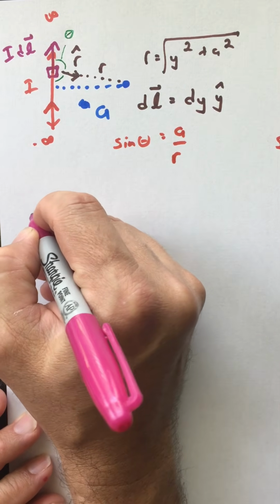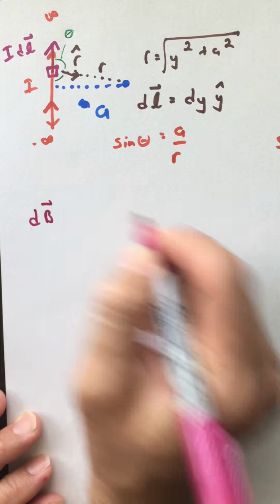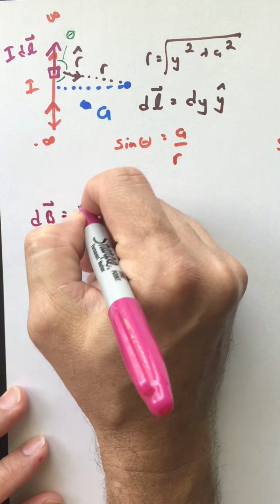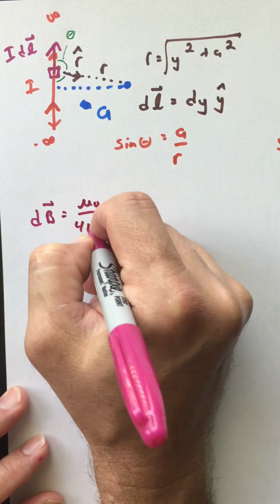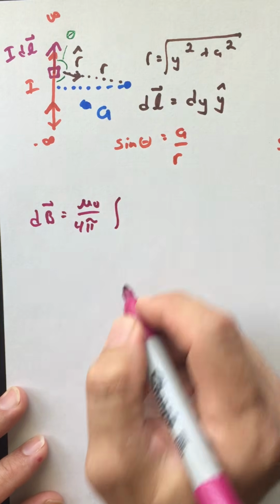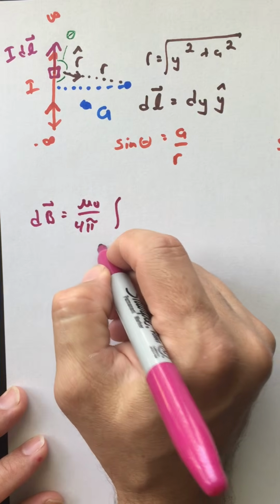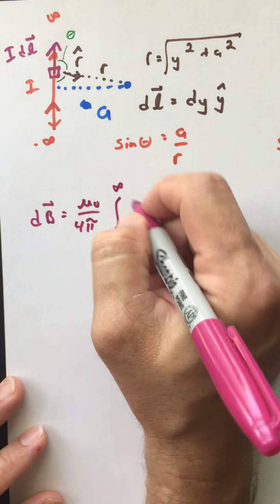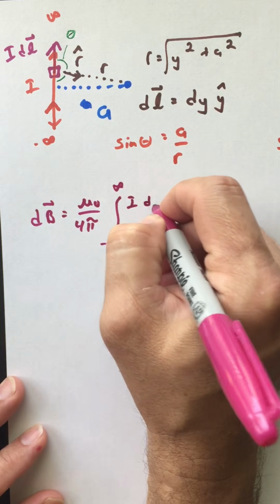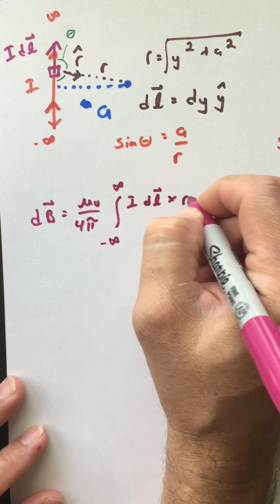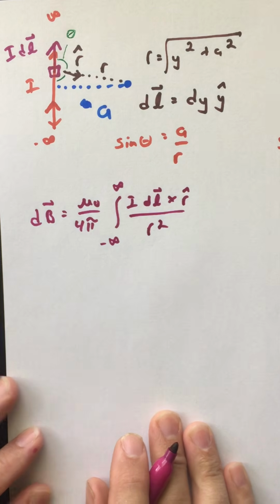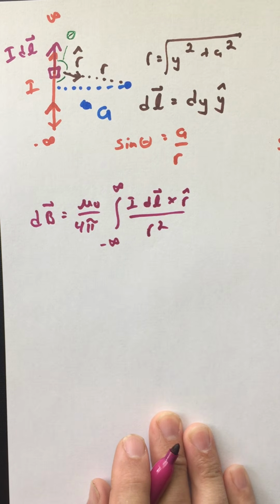It tells me that the differential contribution to the magnetic field due to my differential current element is equal to mu naught over 4 pi integral, and I've already figured out that I'm going to have to go from minus infinity to infinity of I dl cross r hat over r squared. That is my Biot-Savart Law.